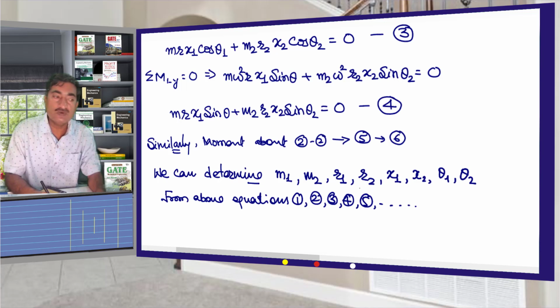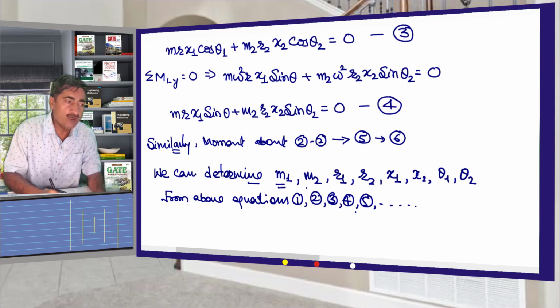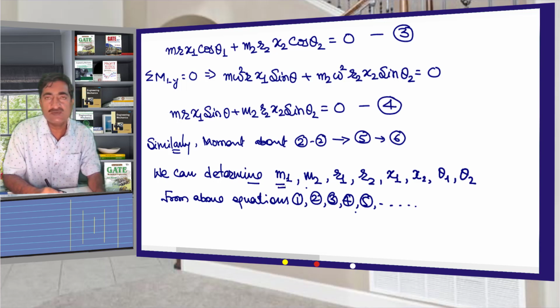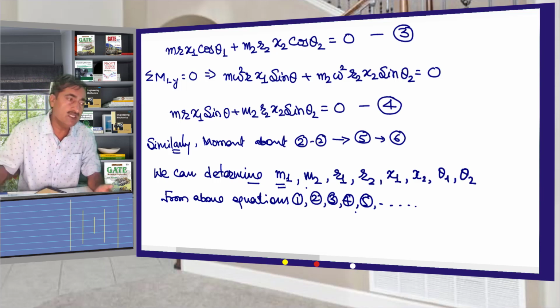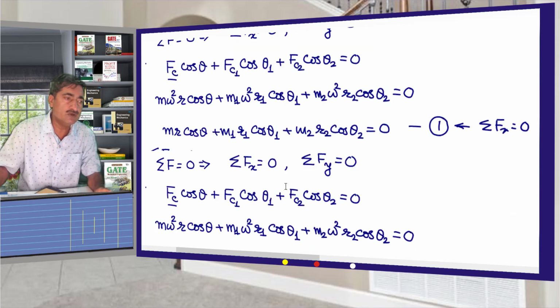It depends on the unknown quantities. If there are 4 unknown quantities, then we require only 4 equations. 6 quantities, 6 equations. The total number of equations depends on this.